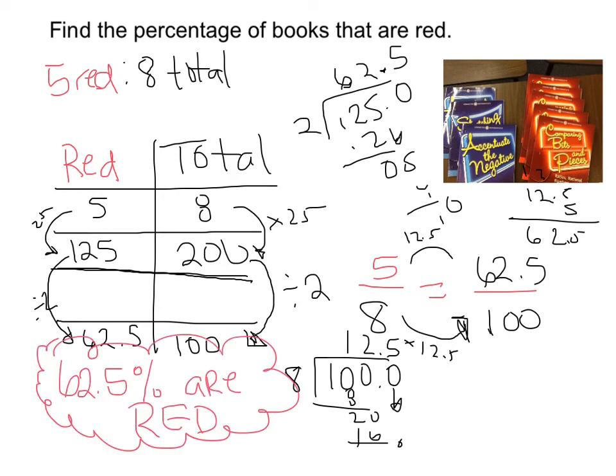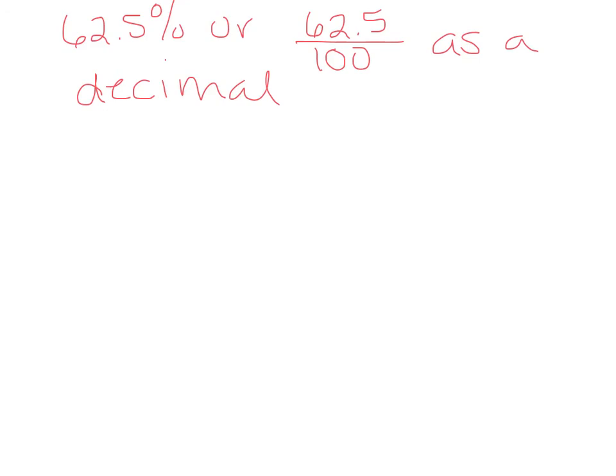All right. Now, if you wanted to, you could also get this into decimal format. 62.5 100ths is the same thing as 0.625. You're going to look for your hundredth place in your decimal. So I could say that what I'm going to do is 62.5 divided by 100.